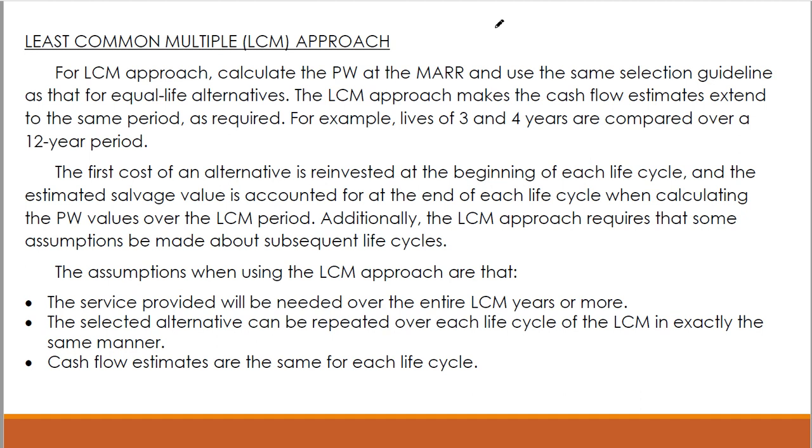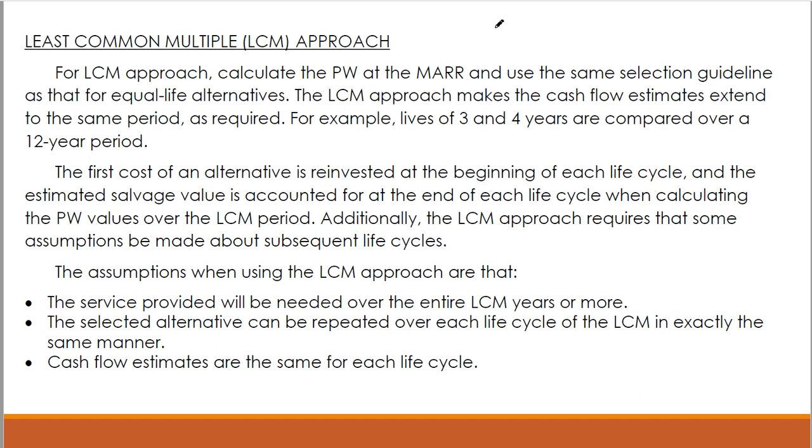And the second assumption is that the selected alternative can be repeated over each life cycle of the LCM in exactly the same manner. Let's say, for example, one alternative or one project has a first cost of 1 million and an annual operating cost of 500,000.